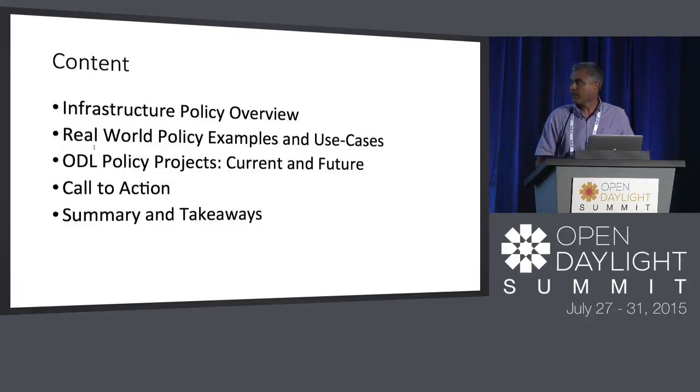Basically, I'm going to cover just 3 sections. The first section is going to be the background on why infrastructure policies, what they mean from an end user perspective, why we use them, and how they are implemented today. The second one is going to be more about real world use cases.